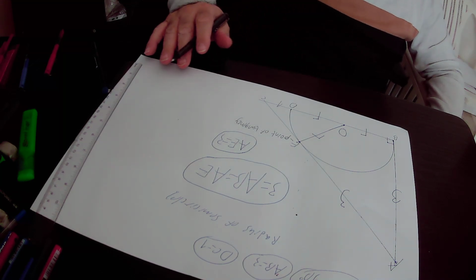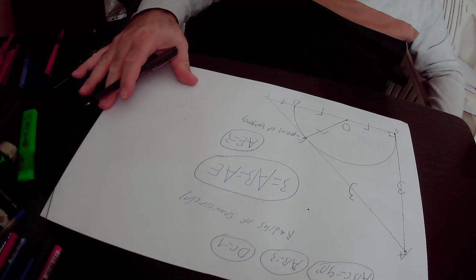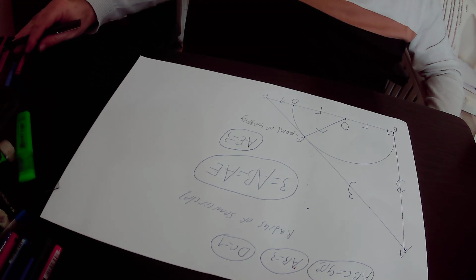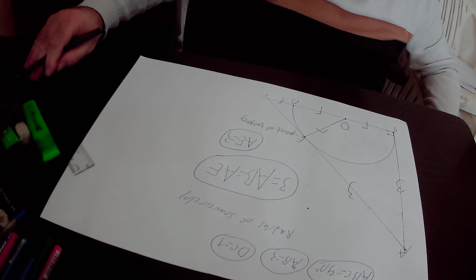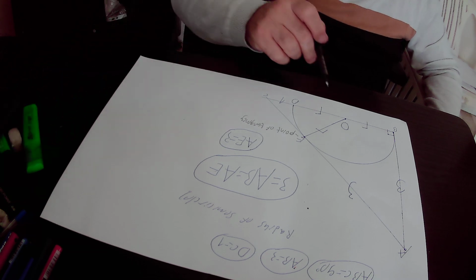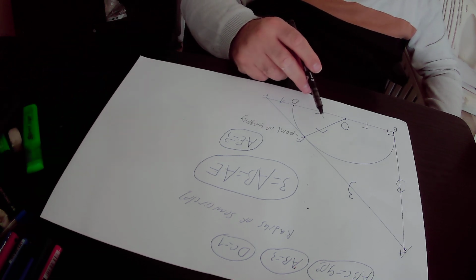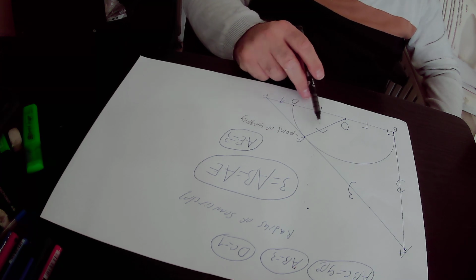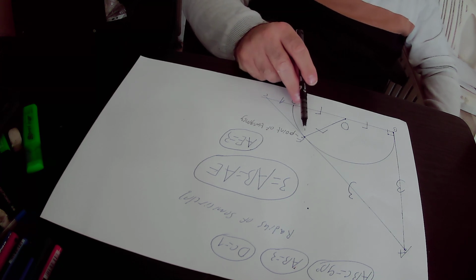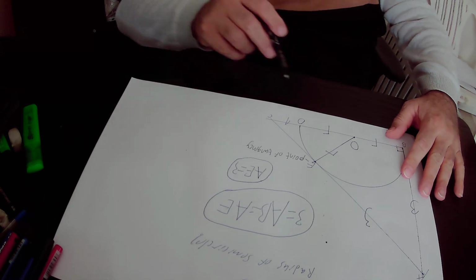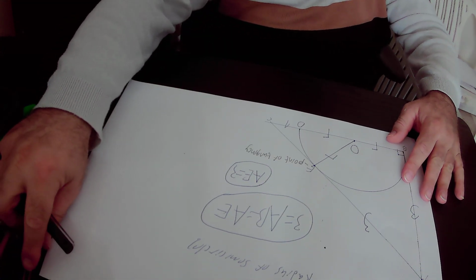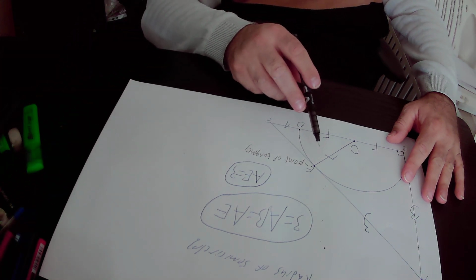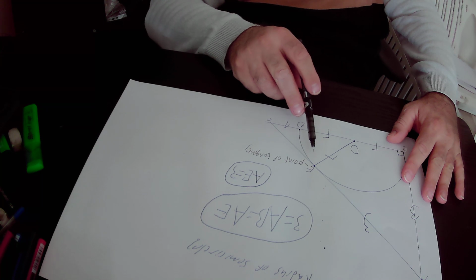And we have this radius OE drawn to the point of tangency, that is to say, to point E. I'll repeat again: the radius OE is drawn to the point of tangency.